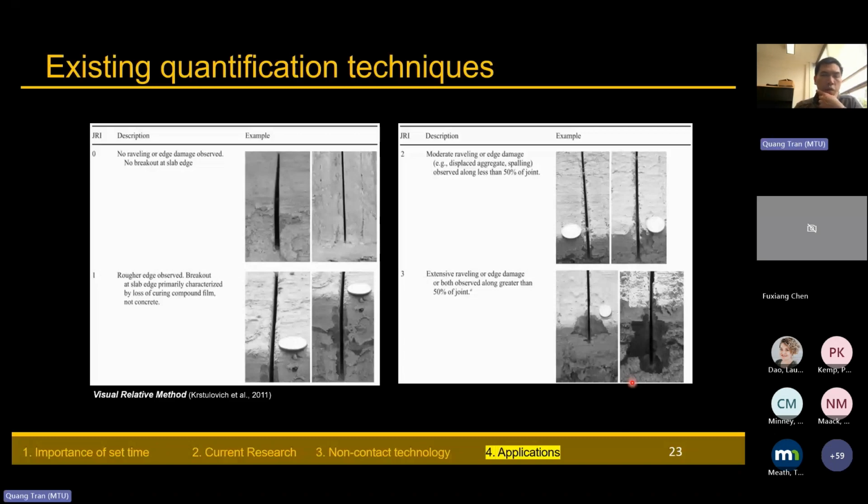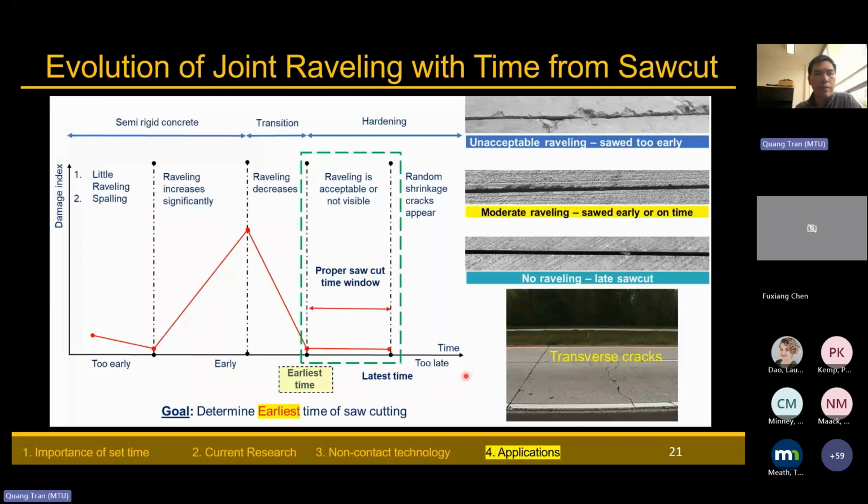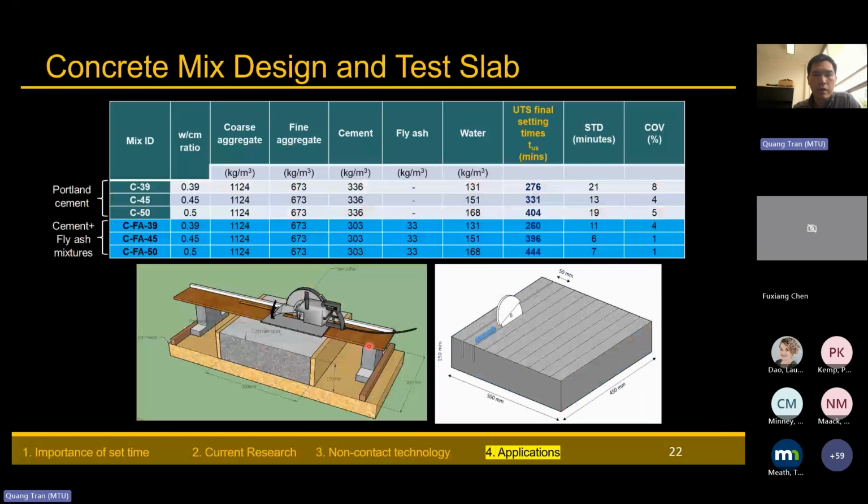So in my lab, I want to use some techniques to determine the saw cut window that I'm showing in this plot. I make a concrete block, shown here, that is 500 by 500 with a depth of 150.